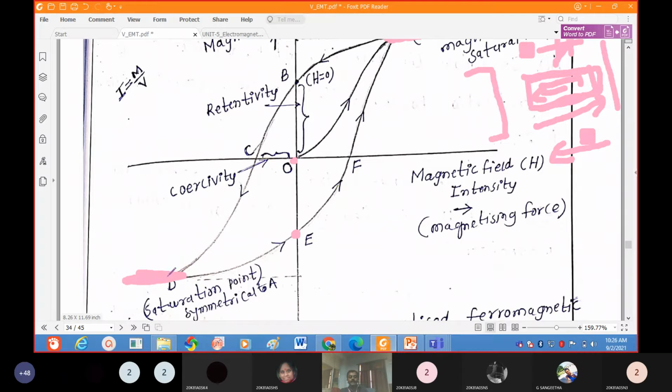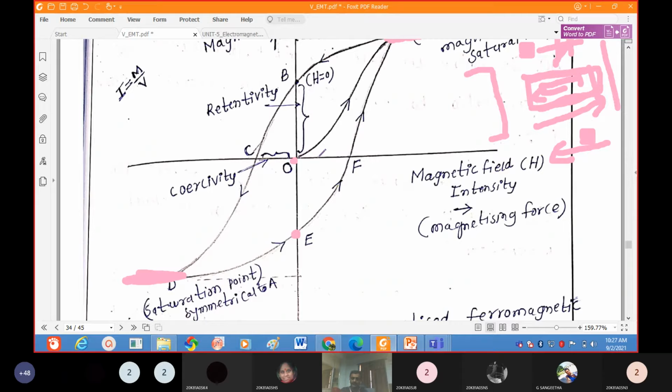Now decrease the H value. If you decrease the H value, the B value will decrease in the direction of D to E, not the previous direction. If you make the H value 0, there is still some induced dipole moment inside the magnet, which is called retentivity.